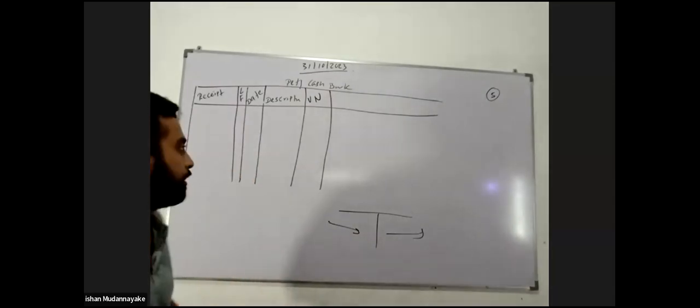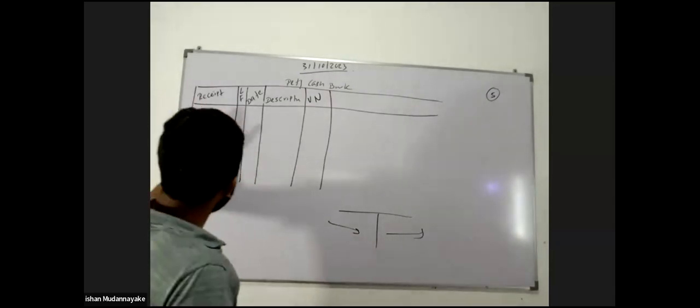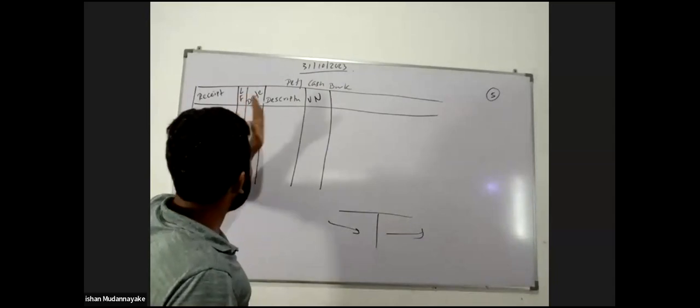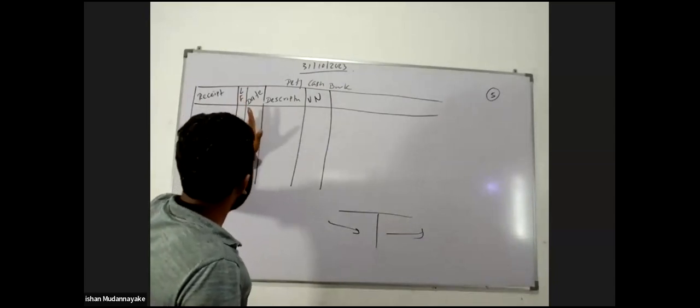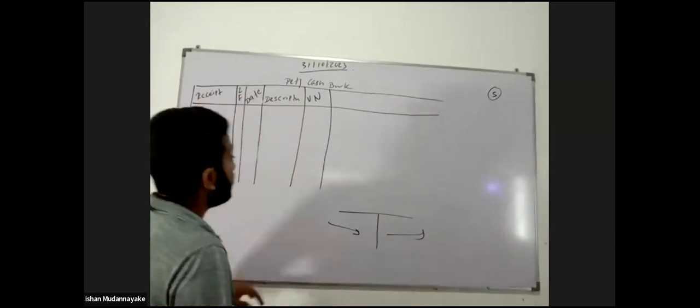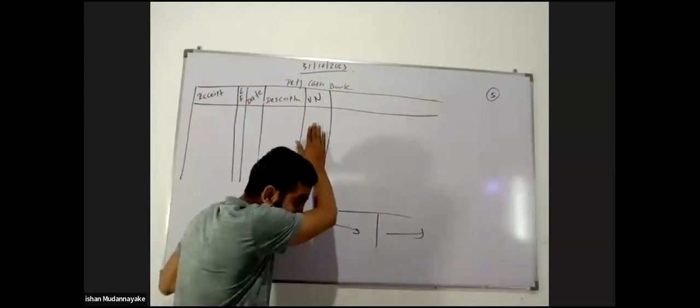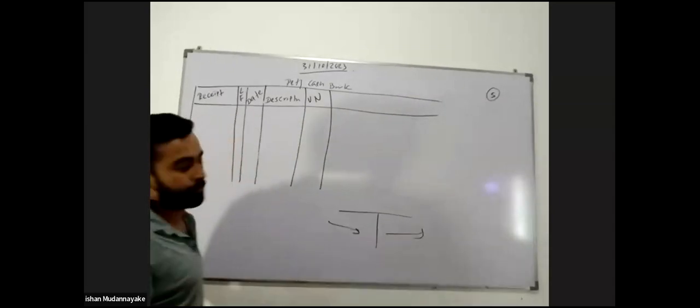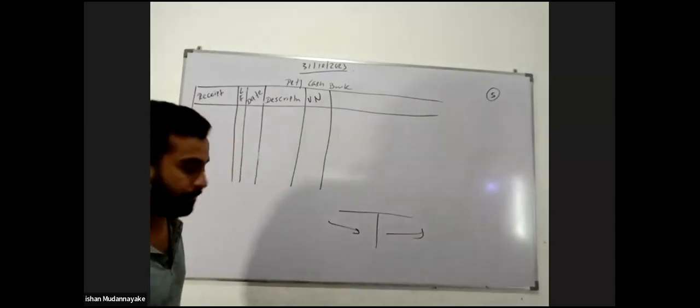Okay, students, here: debit side receipt, LF, and then date and description. The date and description columns are common to the debit side as well as the credit side. And then here you will write down the voucher number, the petty cash payment voucher number.